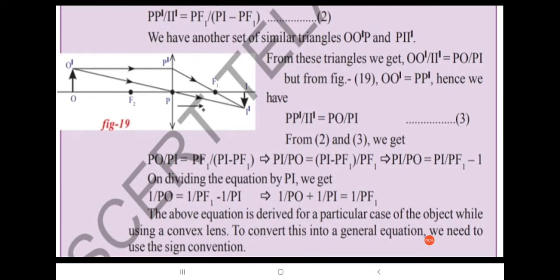Yes, so here I'll write clearly. Now see here, equation 2 and equation 3 we are equating because the LHS parts are equal. So now we are equating the RHS parts also.